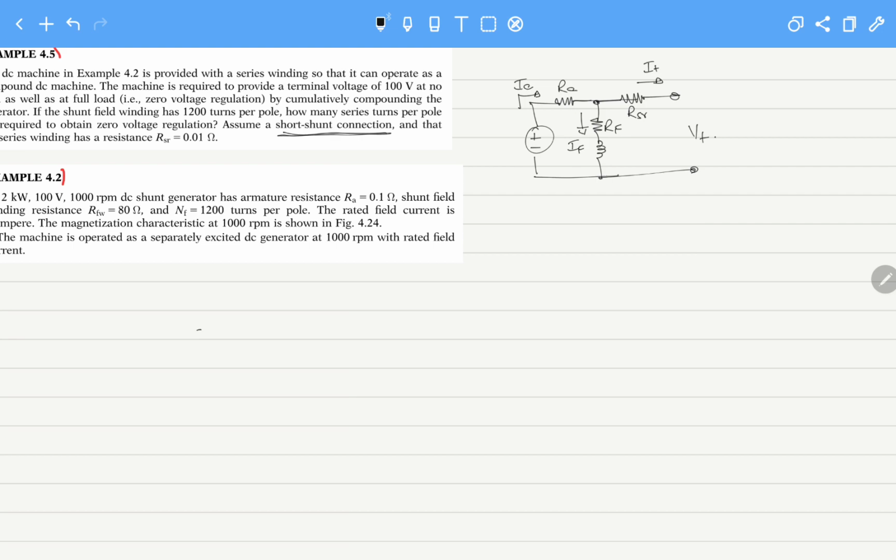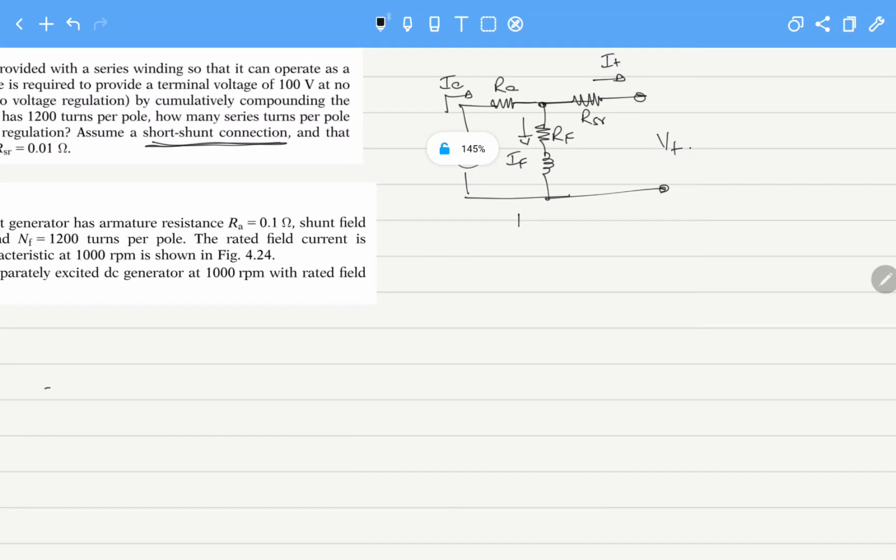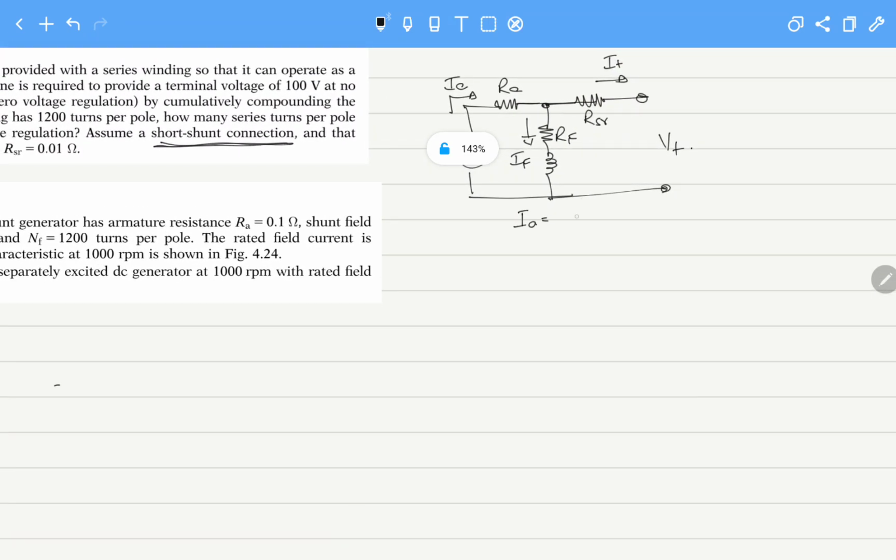So the critical equations for a short shunt compounded generator are, if you can see here, IA equals IF plus IT. Okay, this is one of the equations. Then, if we apply a loop at the outer loop, Vf, the voltage across the field winding, is equal to V series winding voltage plus V terminal voltage.